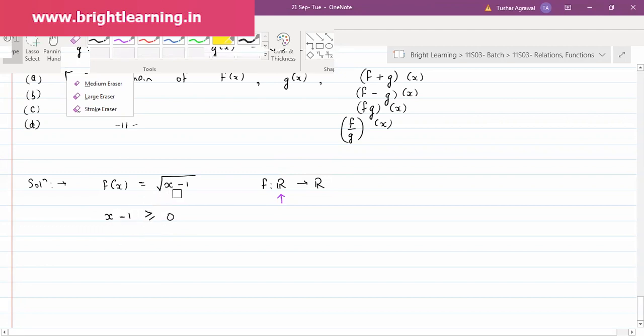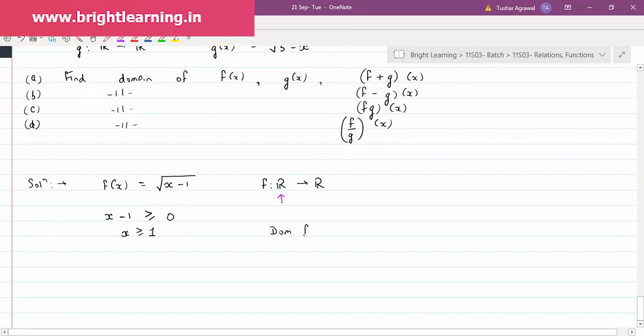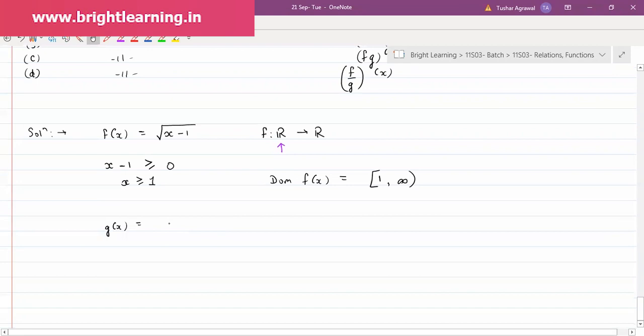Whatever complicated expression is inside the under root, it should be greater than or equal to 0. So I want x to be greater than or equal to 1. So the domain of f of x is equal to 1 up to infinity, including 1. g of x is 5 minus x under root.